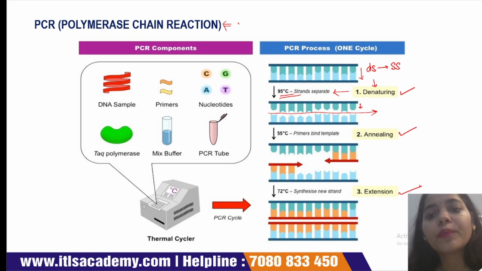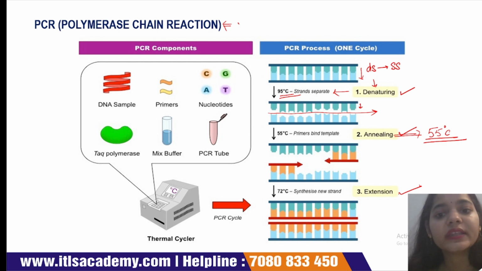Now we perform the annealing process. The required temperature for annealing is 55 degrees centigrade. In this process, the forward and reverse primers bind with the DNA templates. This is a primer.